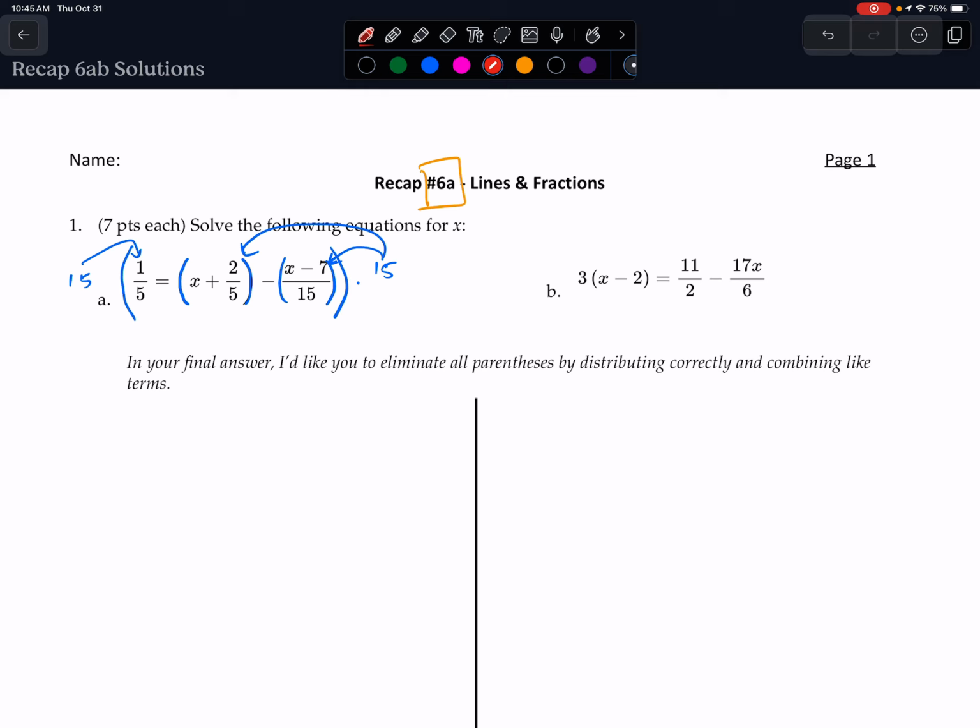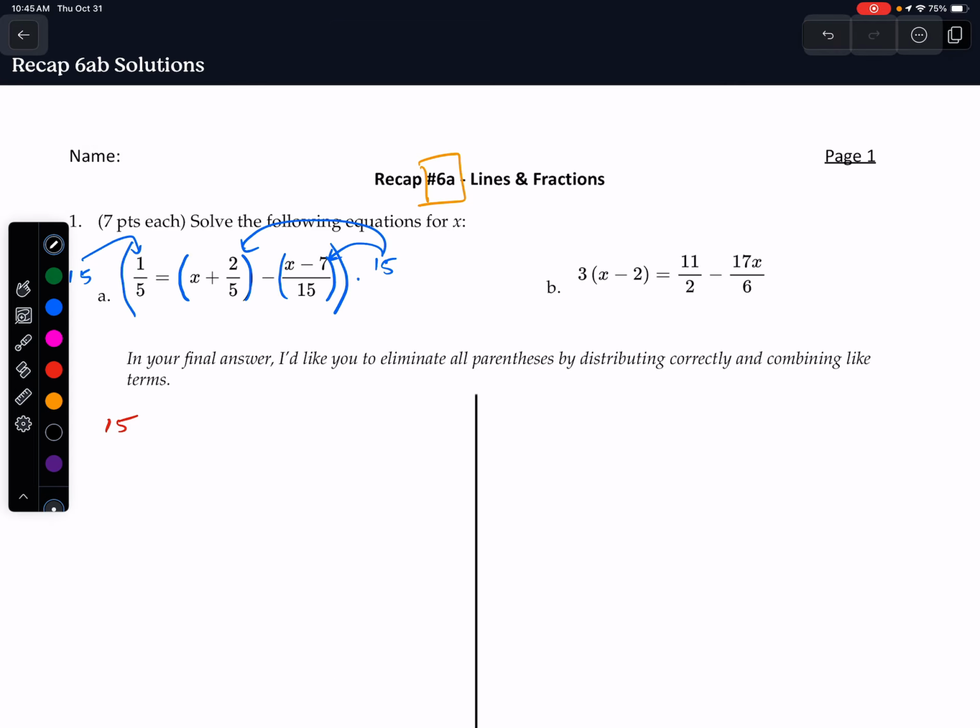I'm going to say we get 15 times, let's move all of this over here just so it's a little easier to deal with. 15 times 1/5 equals 15 times x plus 2 over 5 minus 15 times x minus 7 over 15.